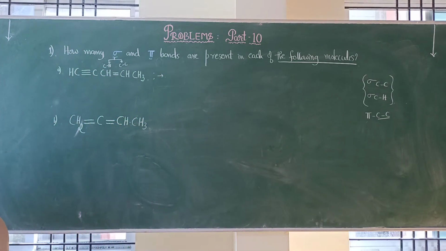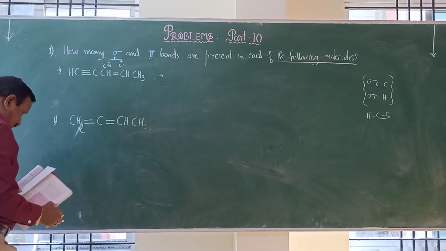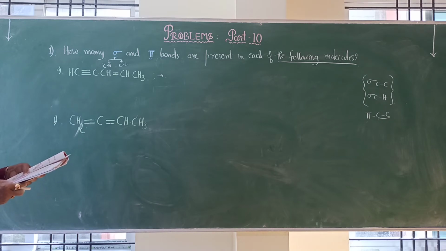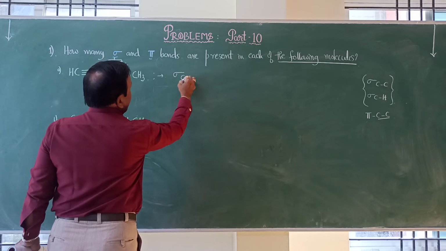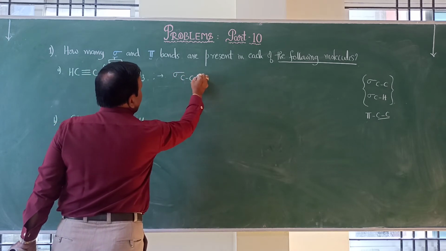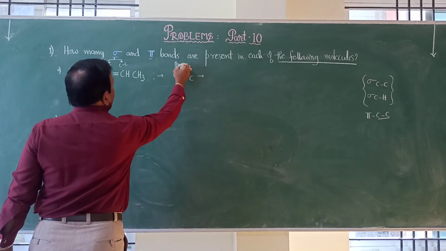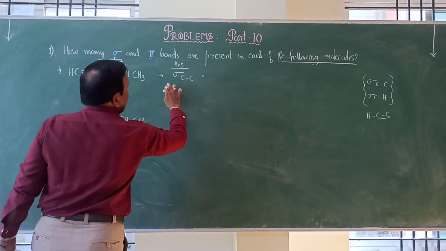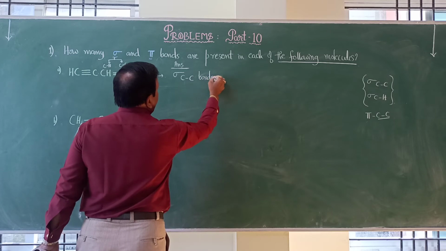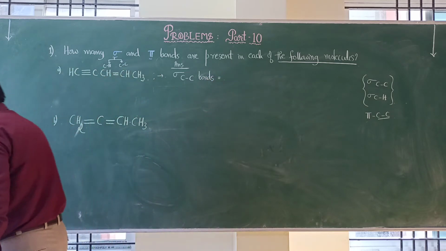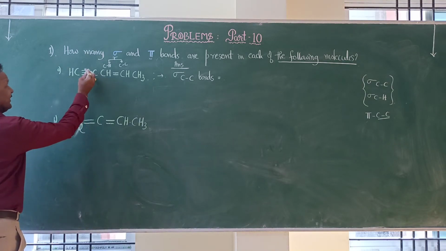So now coming to the first case, how many sigma carbon carbon bonds between carbon and carbon will be there? So this is your answer. I told you already, one bond should be sigma.